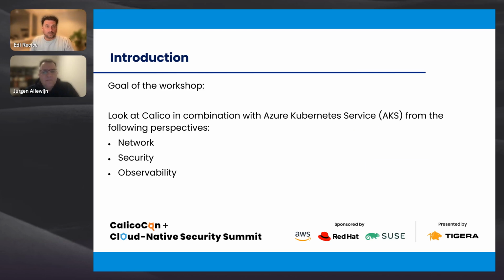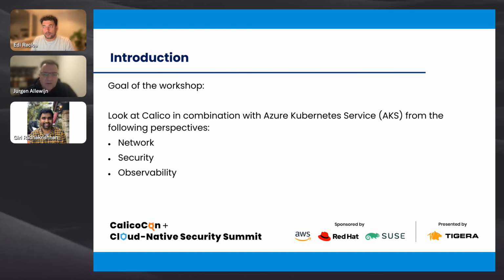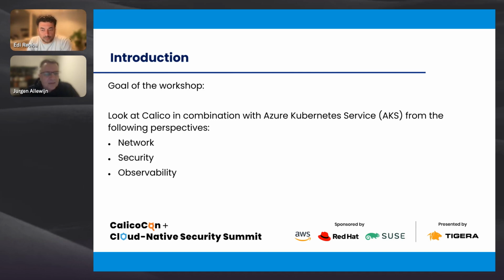So the goal of this workshop is to implement Calico in combination with Azure Kubernetes Service or AKS. We will install it during the workshop as a CNI.